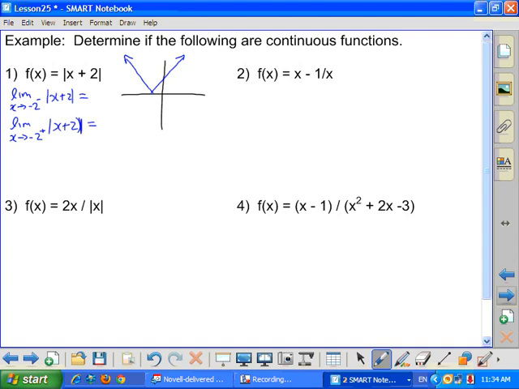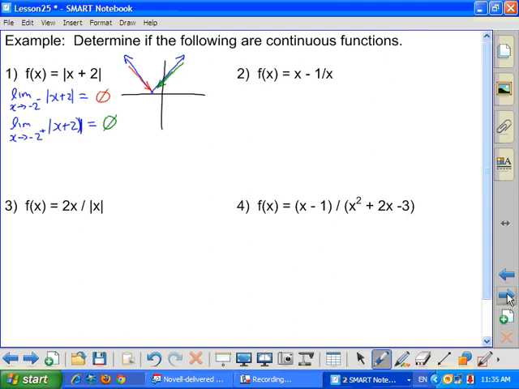When I come in from the left, it looks like it's going to have a value of 0. When I come in from the positive side, it looks like it's going to have a value of 0.